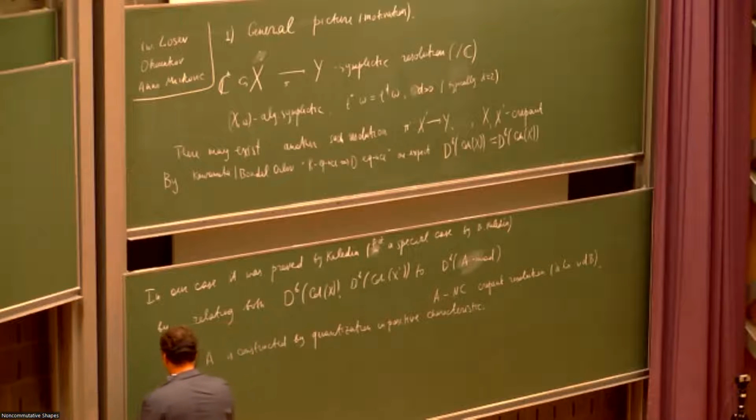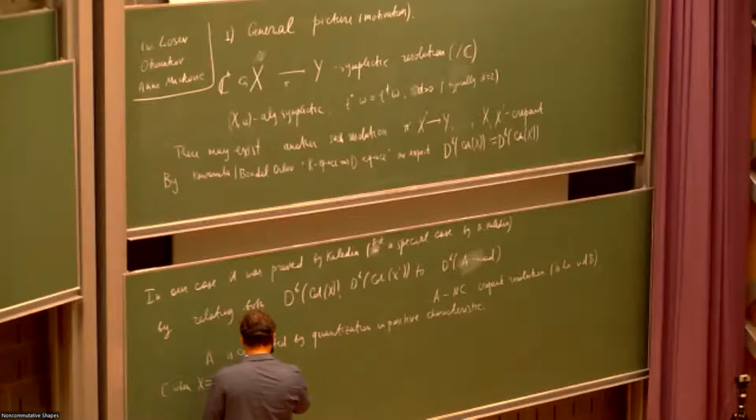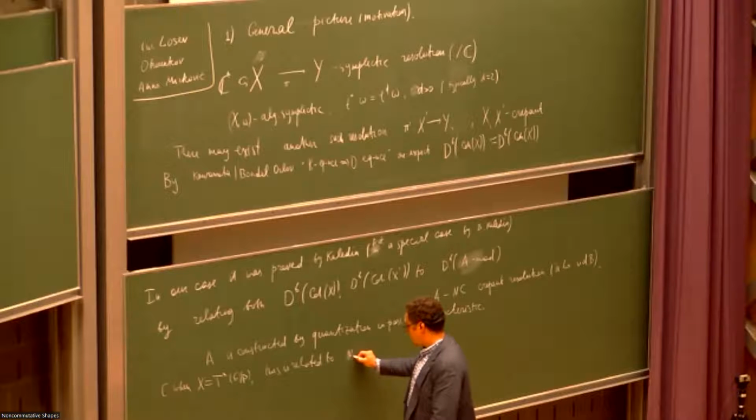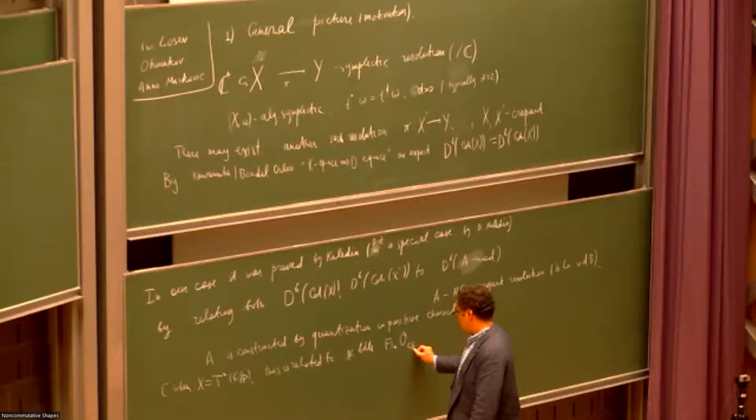Which I will not describe in detail. Maybe I'll just want to say that when X happens to be the cotangent bundle to a homogeneous projective space, then this is closely related to the study, the description, of the vector bundle on G mod P, which is just the direct image of a line bundle, for example the structure sheaf, under Frobenius.